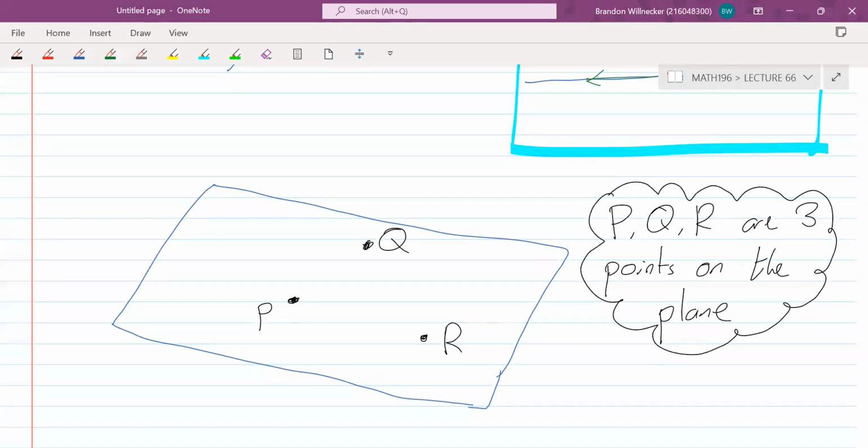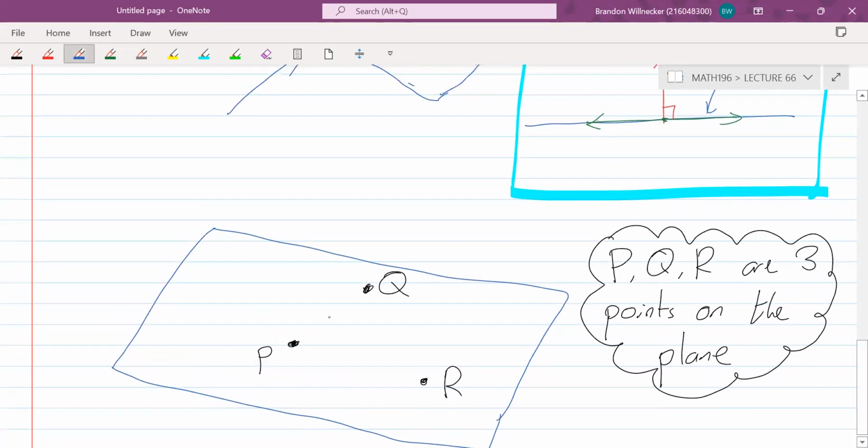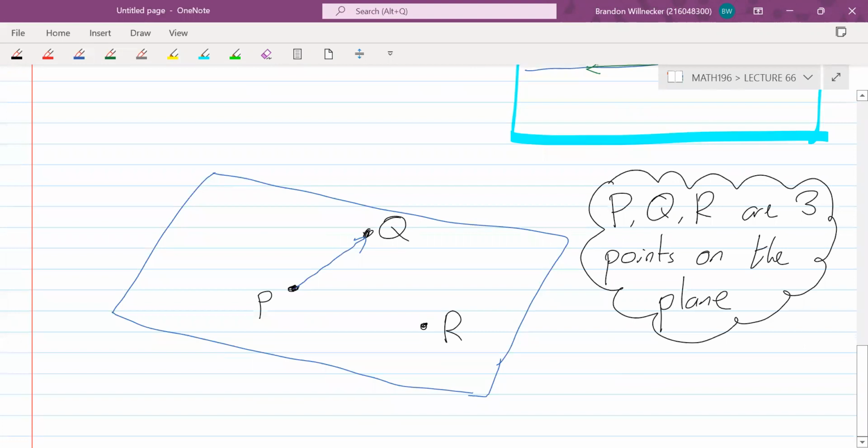We can pick any point to be the starting point. Let's pick P. We're going to make a vector from P to Q, like that. And we're going to make a vector from P to R, like that. Let's call the first one V1, and we call the second one V2.